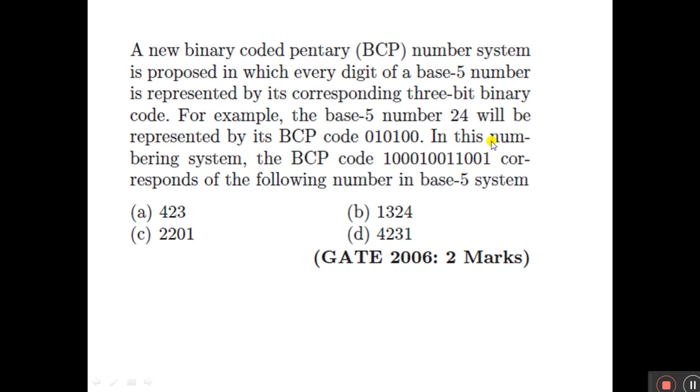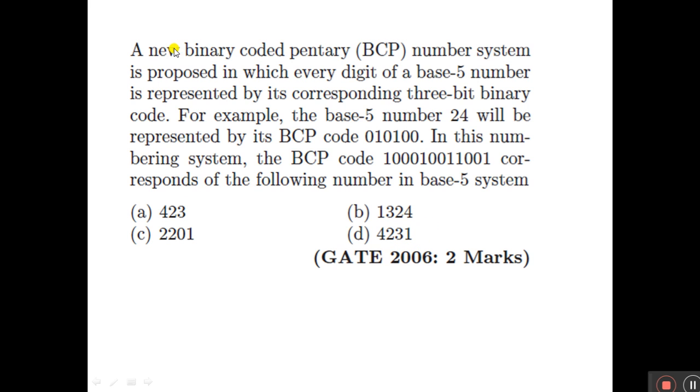In this numbering system, the BCP code given is 10001001101. The corresponding number in base 5 system is: the options are A 423, option B 1324, option C 2201, option D 4231.